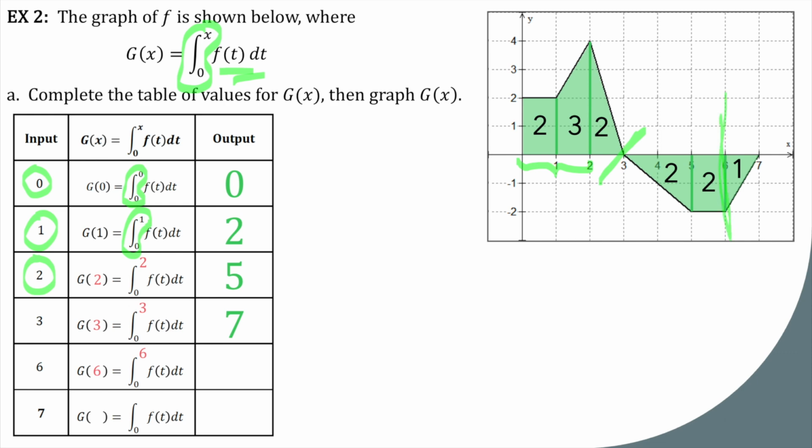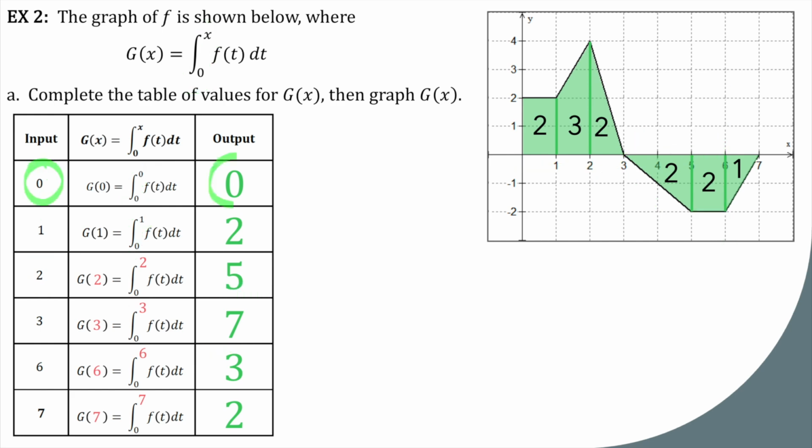We want to go all the way over here. So at 3, we were at 7. When we keep going to 6, we have to subtract 4. And then if we keep going all the way to 7, we have to subtract 1 more. So we have an area under the curve of 2.